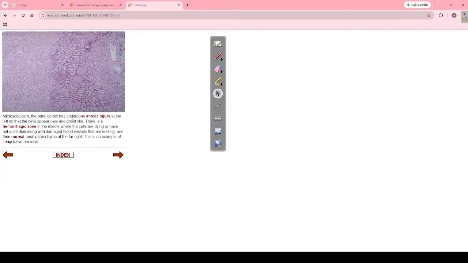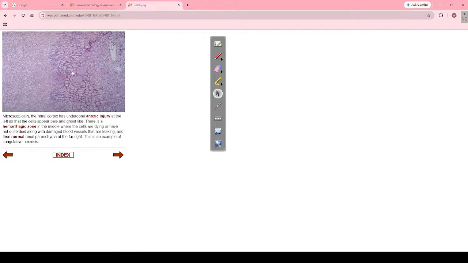Then we move on to a histological picture showing anoxic injury, and the cells appear pale and ghost-like. There is a hemorrhagic zone in which the cells are dying or not quite dead yet. They have a damaged blood vessel and blood is leaking, and there is normal renal parenchyma in the far right.